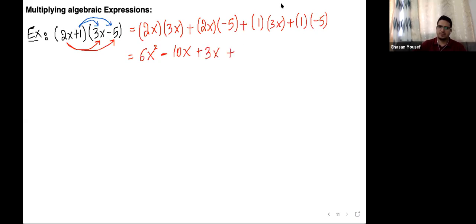Same thing for the other one, 1 times minus 5 is minus 5. Now let's simplify the answer. So I get here 6x squared, minus 10 plus 3 gives me minus 7x, minus 5. Clear?